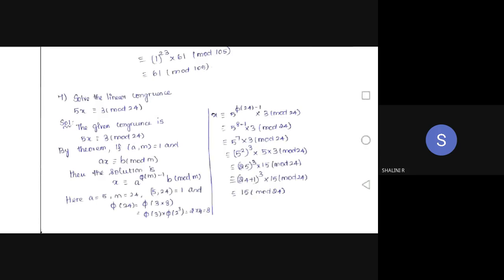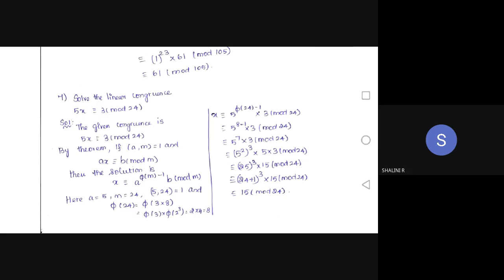So 5x is congruent to 3 mod 24 will be compared with the general form Ax is congruent to B mod M. So the coefficient of x, A, is equal to 5, B is equal to 3, and the mod value M is equal to 24.